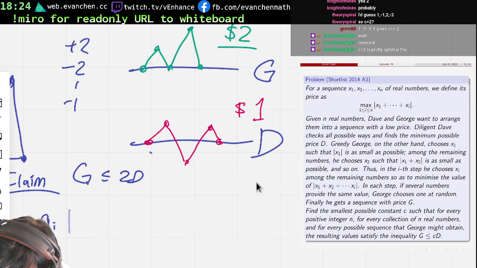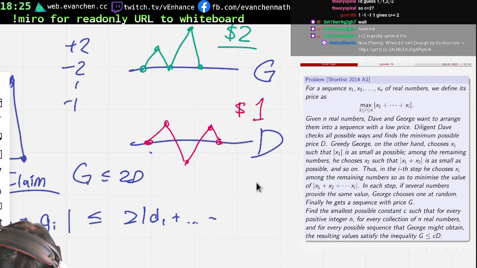I claim that for every i, this will be less than or equal to twice d1 plus... what do I want here? Okay, wait, the partial sums are 1, 0, 2, 0, and then I want 1, minus 1, 1, 0, 0.